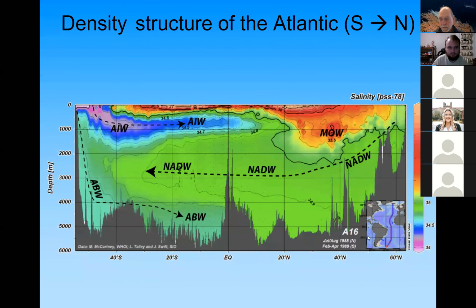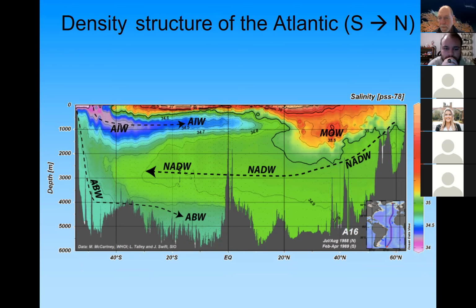Okay, so what's happening in this? We've got these different abbreviations: NABW, AIW, ABW, MOW. What do these things stand for? Well, I've been talking all along about how different water bodies can have different temperature, salinity, different density characteristics.